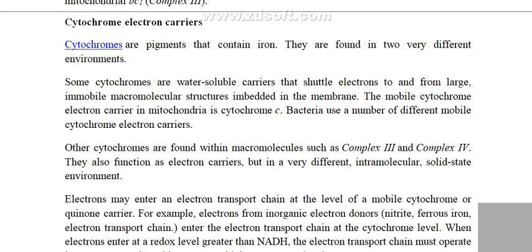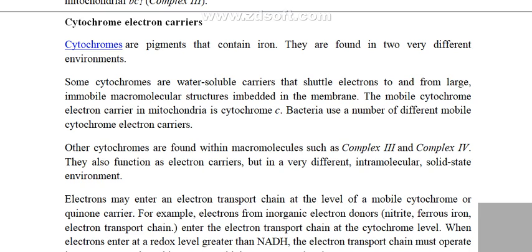Now the electron is moving to the cytochromes. You have cytochrome C in bacteria. So what are those cytochromes? Cytochromes are colored pigments and they contain iron. In very different environments you can find cytochromes in many variations. Some cytochromes are water soluble carriers that shuttle electrons to and from large immobile macromolecular structures embedded in the membrane.